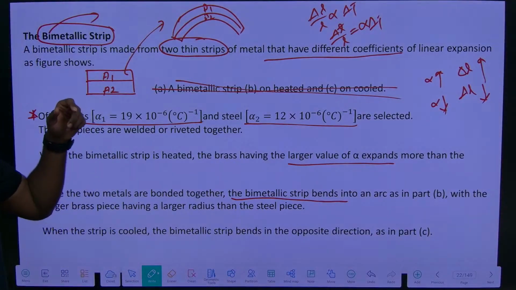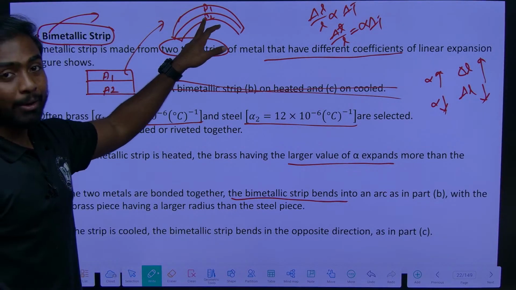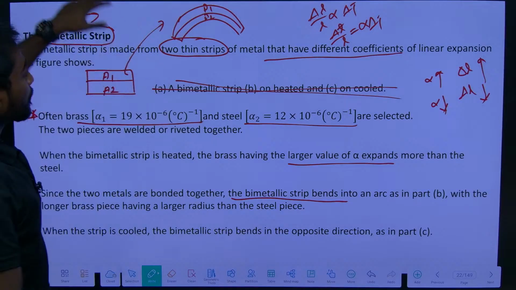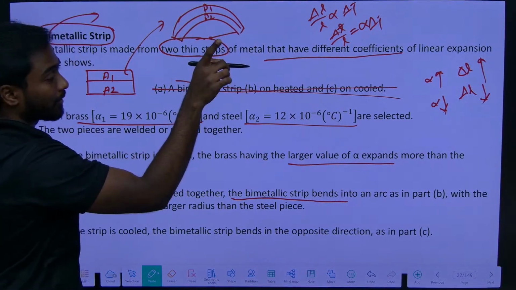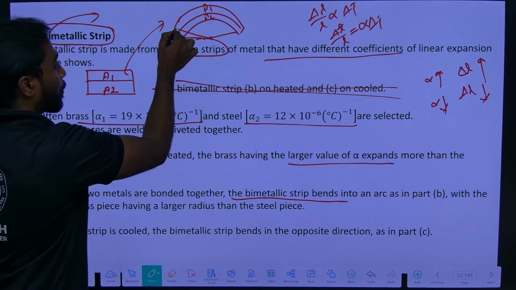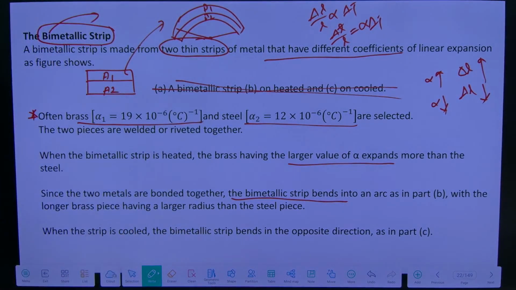Both are having different radii, right? From the center point to A2 there will be some radius, and from the center point to A1 a different radius, because A1 increases more and A2 increases less than A1. Got it?